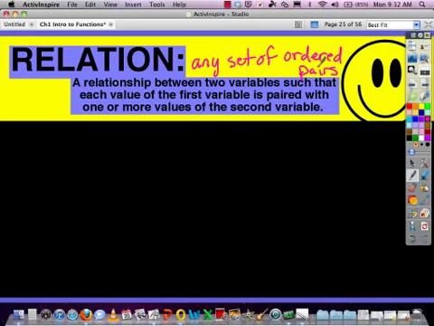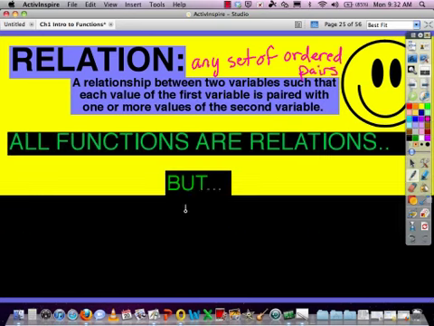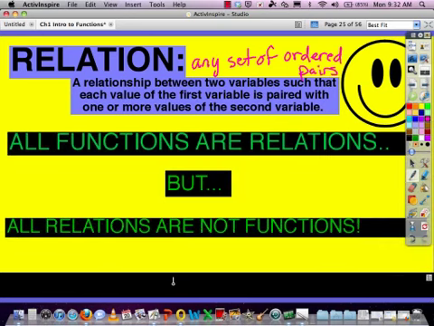Now make sure you understand that. Look at this statement: all functions are relations, but all relations are not functions. So think of it this way. If you have any set of ordered pairs, will that always be a function?